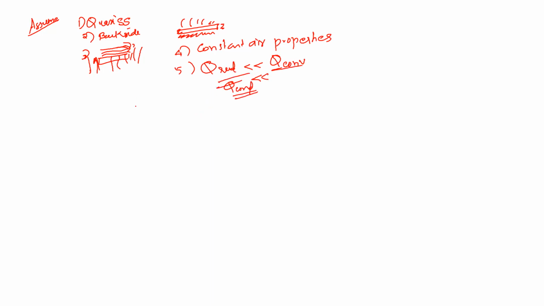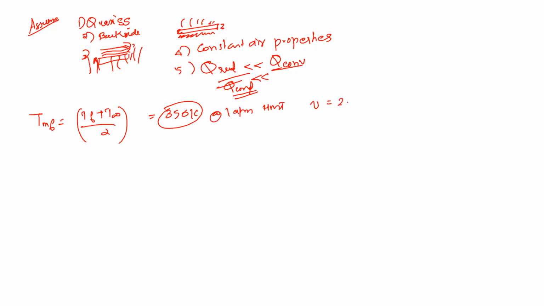For air, we need to calculate the properties at the mean fluid temperature, which is (Ts plus T infinity) by 2. That will be 350 Kelvin. So we will evaluate the properties of air at 1 atmosphere from the heat and mass transfer data book.